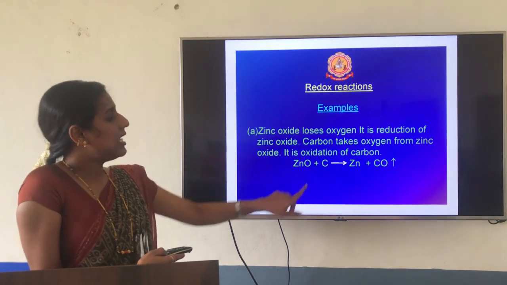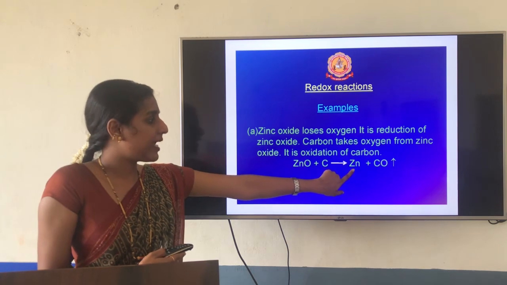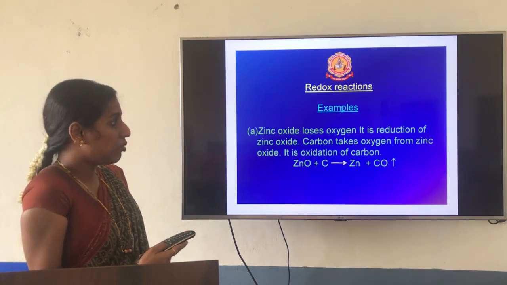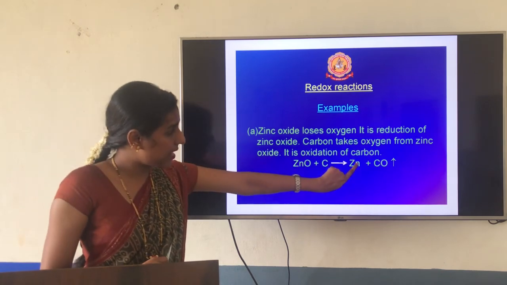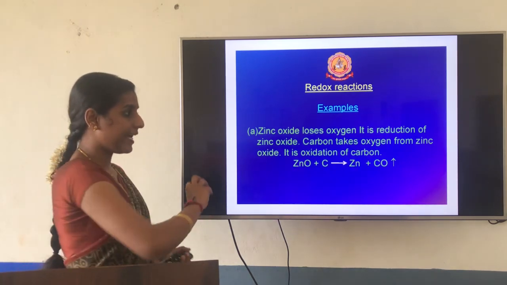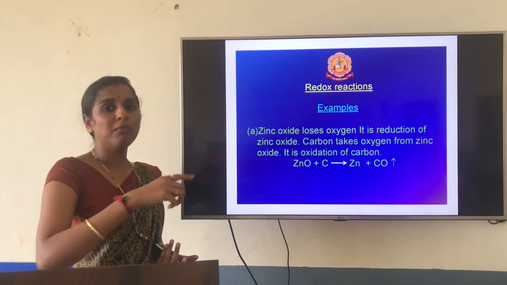For example, zinc oxide is heated with carbon, so that you get zinc as well as carbon monoxide. So here, zinc oxide will become zinc. When you write this kind of reaction to show the redox reaction, you draw an arrow mark.